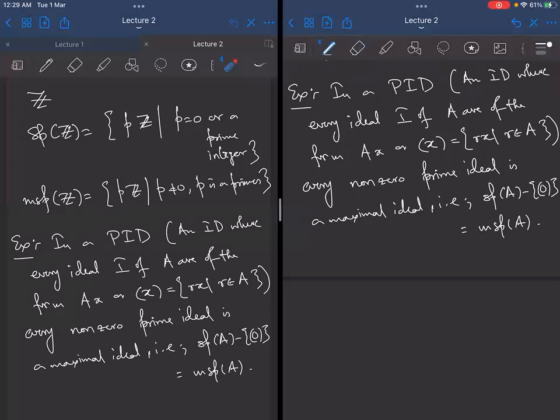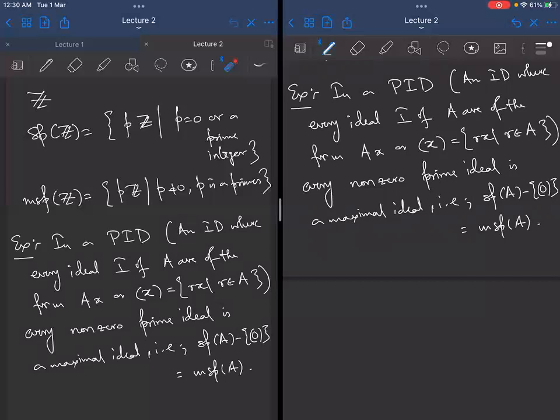In fact, I am giving you some idea. Suppose P = (x) is a non-zero prime ideal, and you want to show that it is a maximal ideal. So suppose P is contained in some maximal ideal M. P is proper, so by the result we did in the last lecture, P is contained in some maximal ideal M, but M is generated by something else, some y, let's say. So now the ideal generated by x is contained in the ideal generated by y.